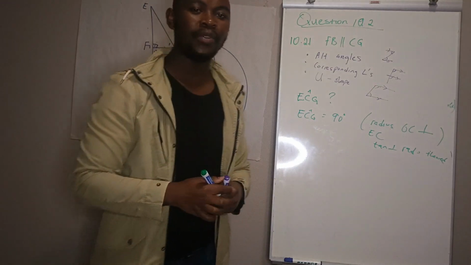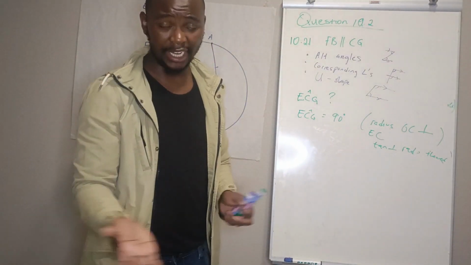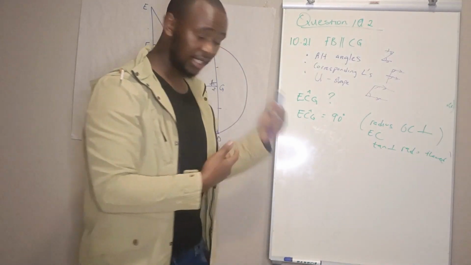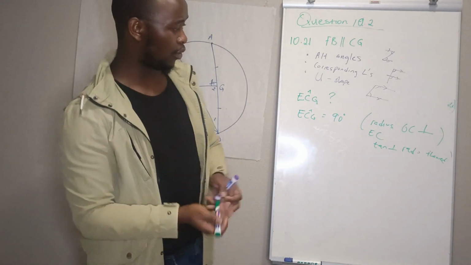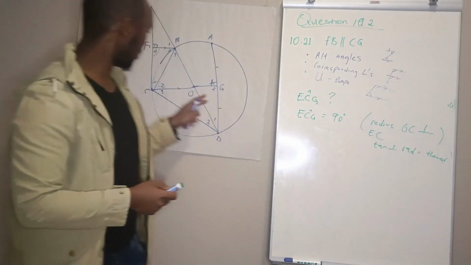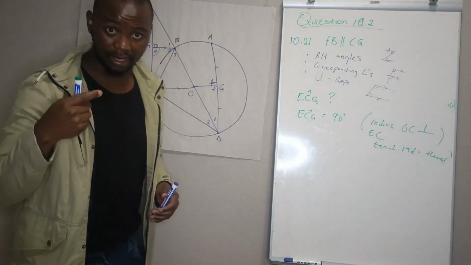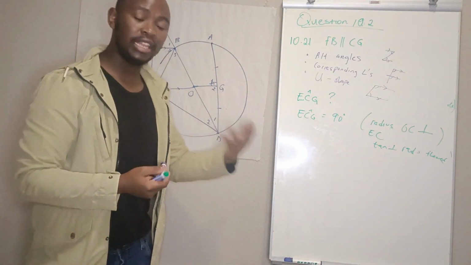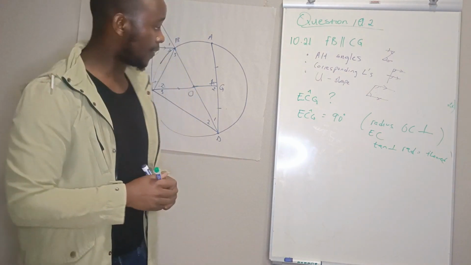Some people call it the tan radius theorem. Some people call it just the radius intersecting the tangent. They explain the thought process. So you can go for this explanation that the radius OC intersecting the tangent will always be perpendicular. Other people can just say it's the tan radius theorem, and we will know what is there.